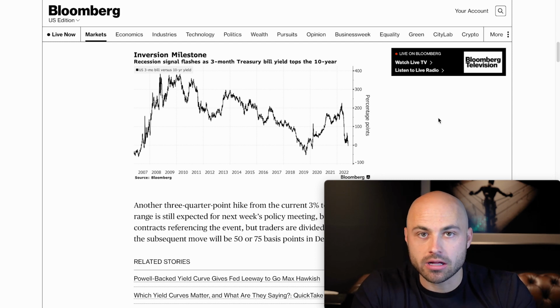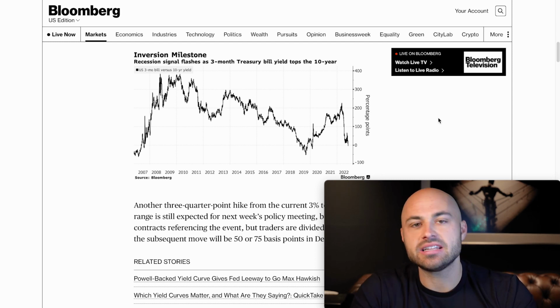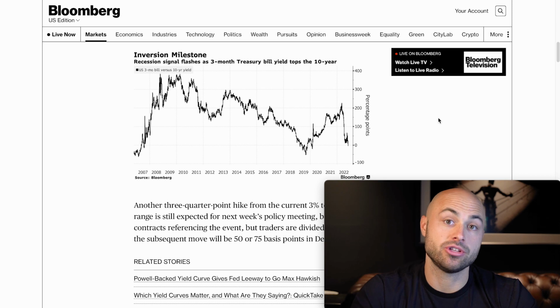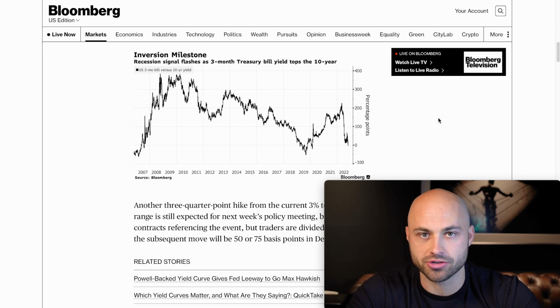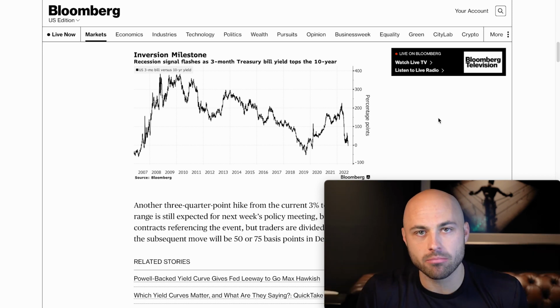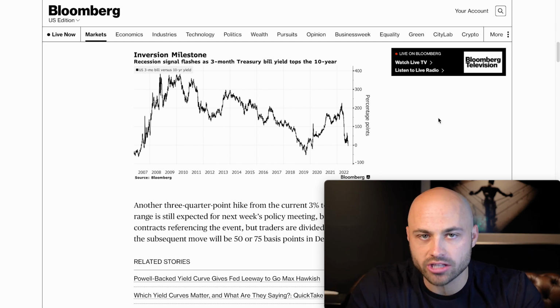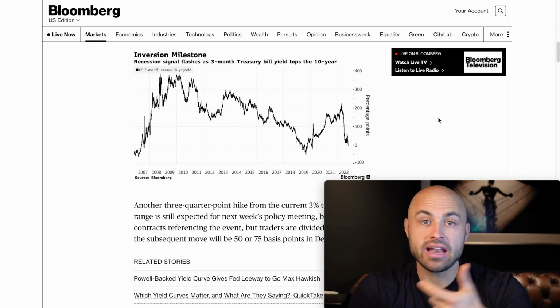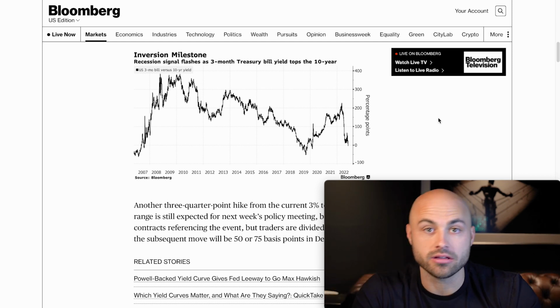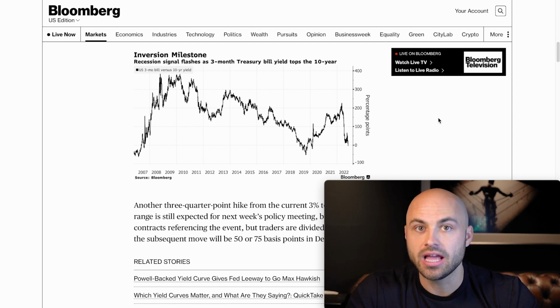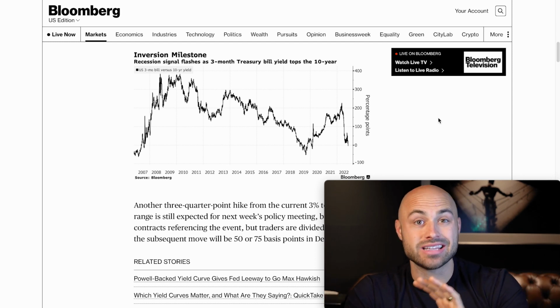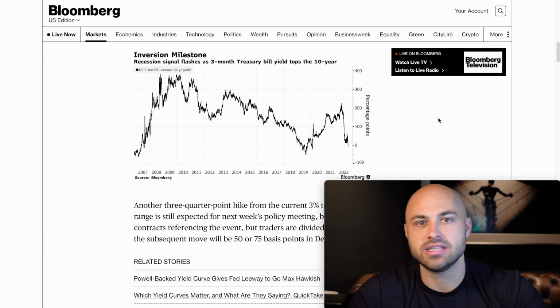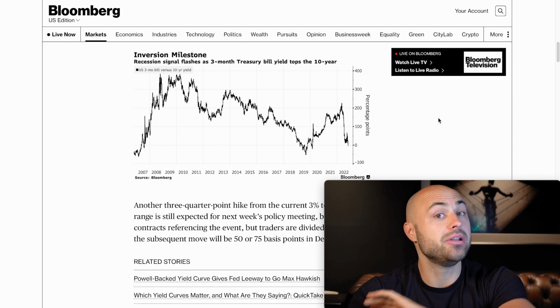Now, historically, what people have always paid attention to is the inversion between the 2-year Treasury and the 10-year Treasury. That is the hallmark. That's the big marker. That's the bookmark. That's what everybody watches and says, hey, when that inverts and the 2-year yield is above the 10-year yield, that is the sign that has historically been very accurate at predicting a recession. And that happened a while ago.